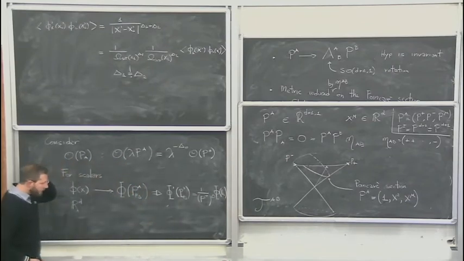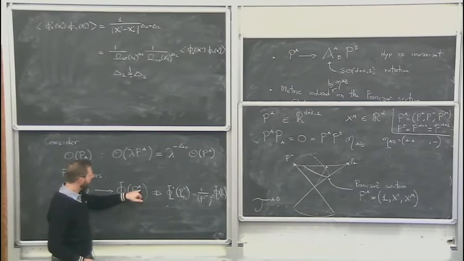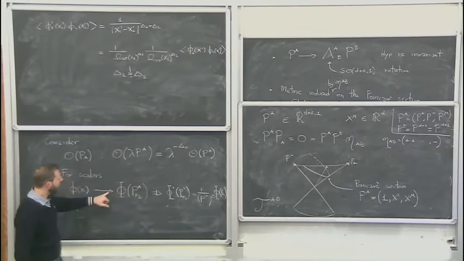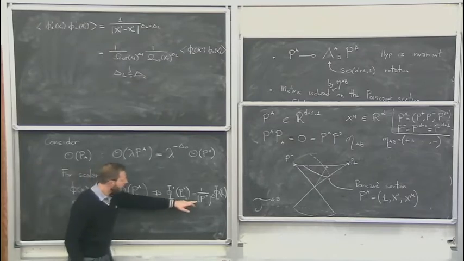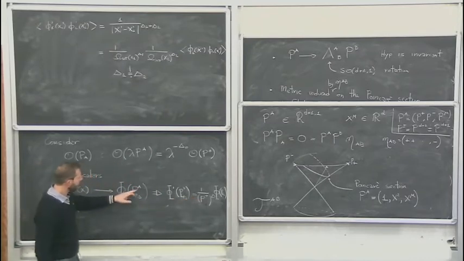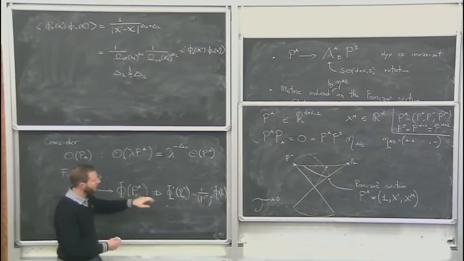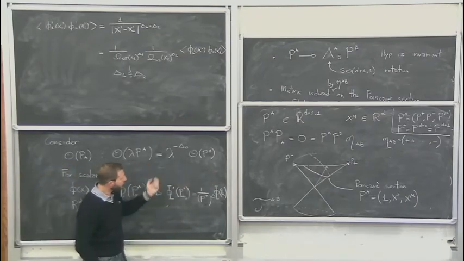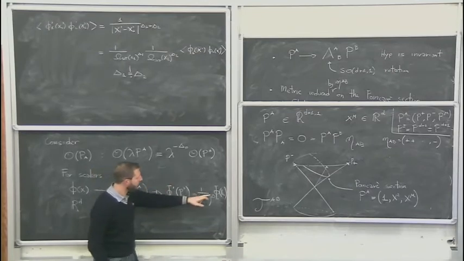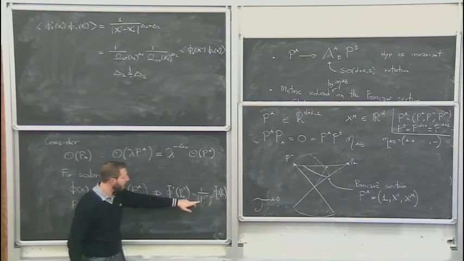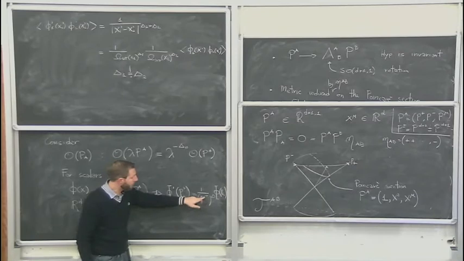So this is the transformation property induced by the embedding. When you rotate P in your embedding space, as I said, you go out of the Poincare section. So you rescale the vector in order to go back to the Poincare section. This brings out a factor P plus prime to the power delta.